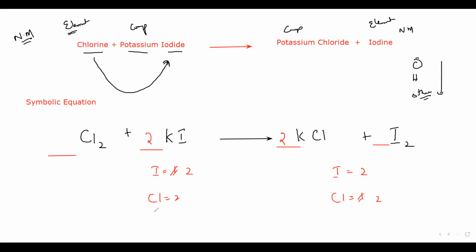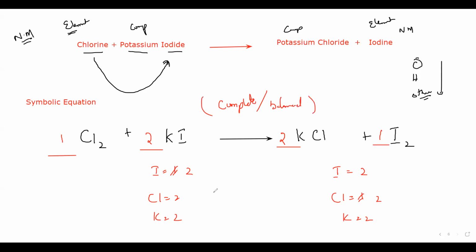And what about potassium? Potassium is 2 on the left hand side and 2 on the right hand side, so it is already balanced. The places where we did not write any number for balancing, it means there is 1. So this equation is completed, and it is balanced as well.